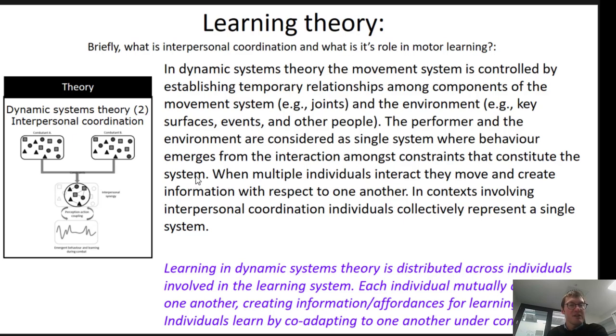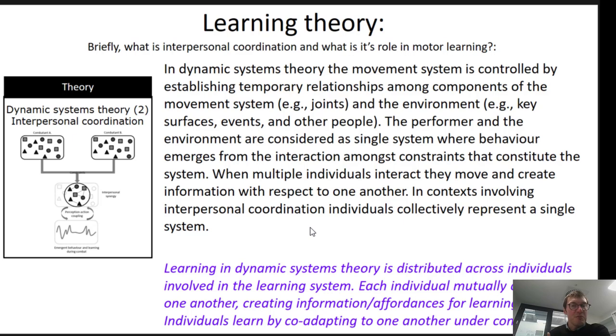So when we think about multiple people, when they interact, they move and create information with respect to one another. And in contexts involving interpersonal coordination, this involves individuals collectively representing a single system. So learning in dynamical systems theory becomes distributed across the individuals that are involved in this learning system.